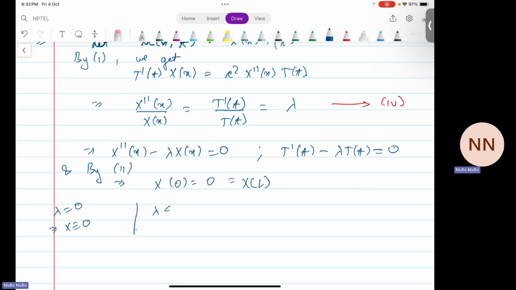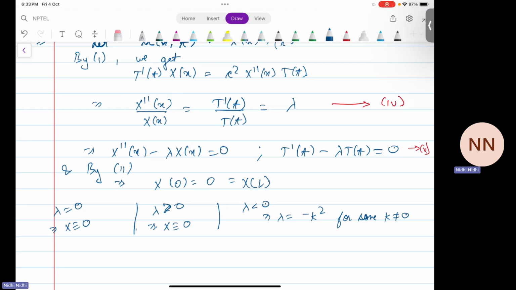For lambda positive, in that case also we'll end up getting X equals to 0. I hope you all must have done this when I gave you the time to solve yourself. For lambda negative, we take lambda to be equal to minus k square for some k non-zero. So let me mark both the equations as 5th.